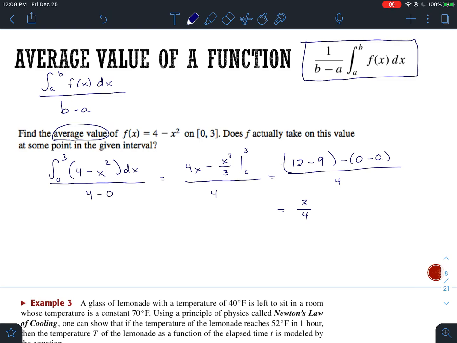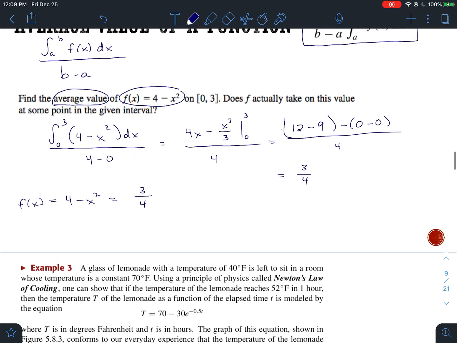Now it wants to know, does that function actually take on that value? So does f of x, which equals 4 minus x squared, ever equal 3/4 as a value? Well, let's solve for x squared. We're going to subtract 4 from both sides. So 3/4 minus 4, we would have negative x squared equals negative 13/4.